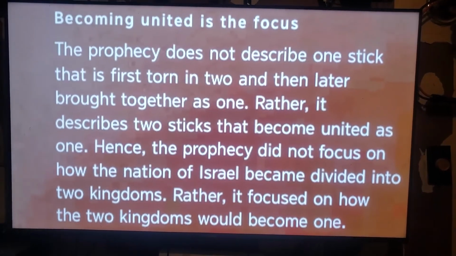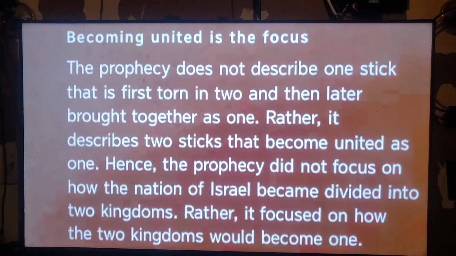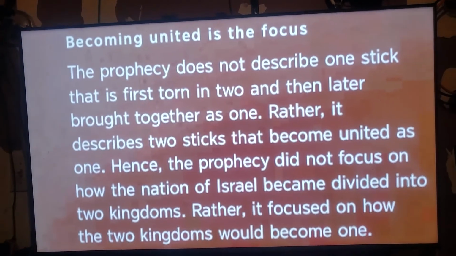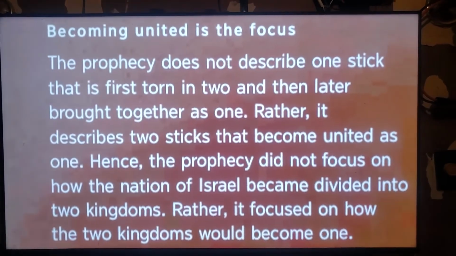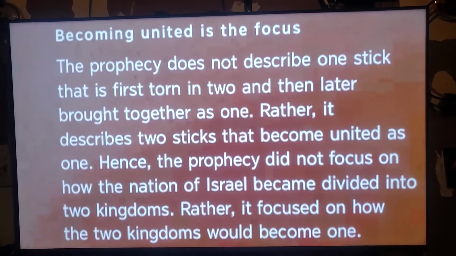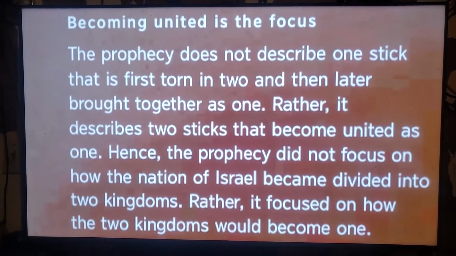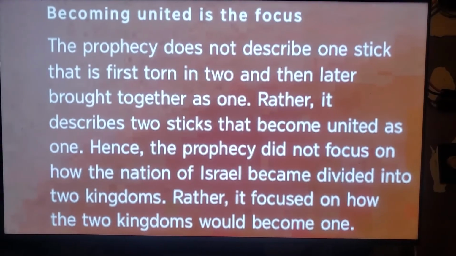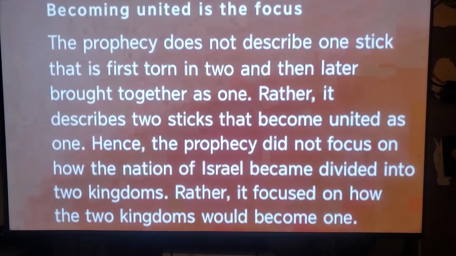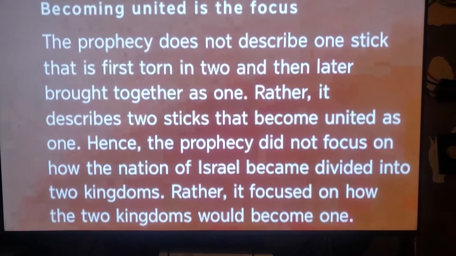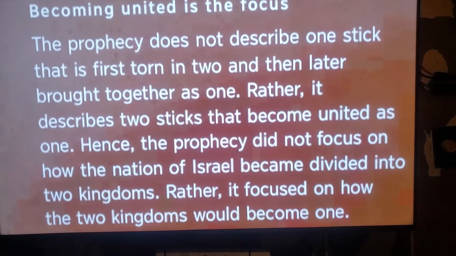So Watchtower is telling Jehovah's Witnesses they are stupid, or calling them stupid, because if Jehovah's Witnesses were reading the Bible, they would have known when this happened, how it happened. The Bible is God's word. It holds the truth. This is just ridiculous nonsense.